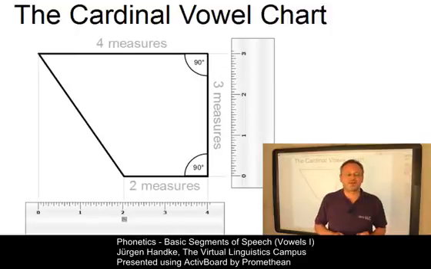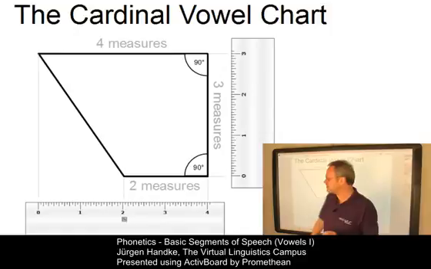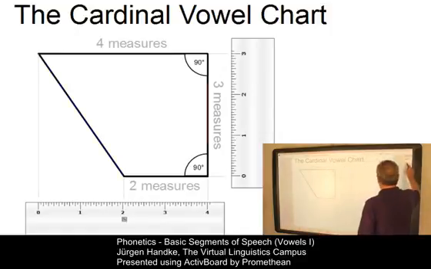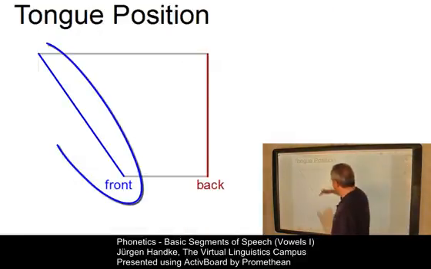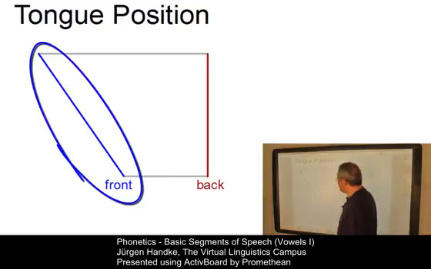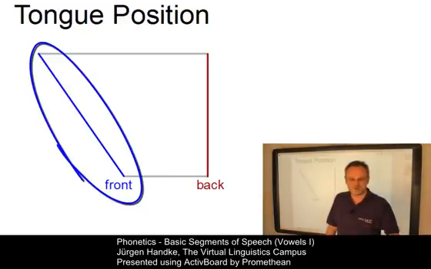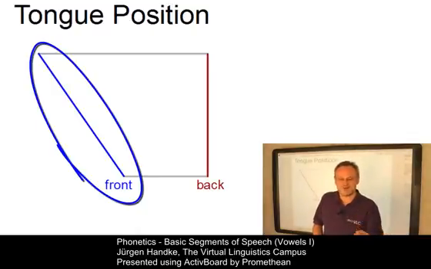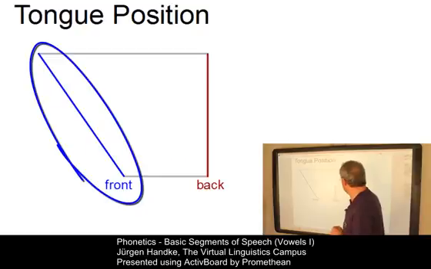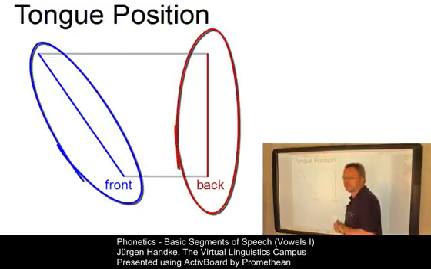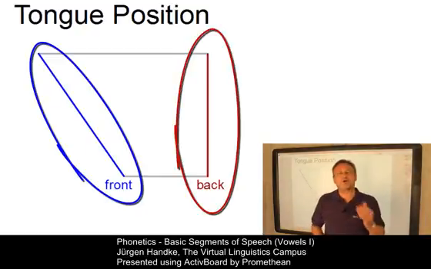This reference chart allows us to define 2 main parameters for the classification of vowels. On the one hand, we have the parameter front, that is vowels that are produced in the front of the mouth, where the position of the tongue creates some sort of narrowing in the front of the mouth. They are contrasted with back vowels, where the narrowing occurs in the back of the mouth.